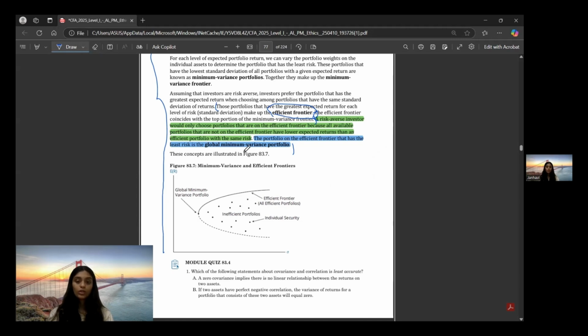Portfolios. So, the portfolio on the efficient frontier that has the least risk. Now if you see there is a point here, the global minimum variance portfolio.